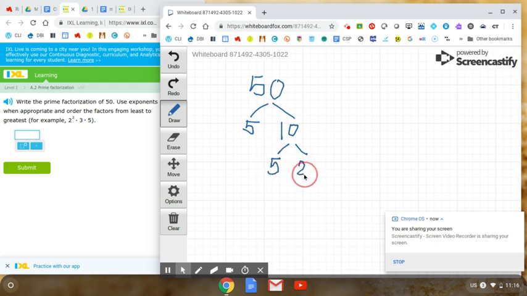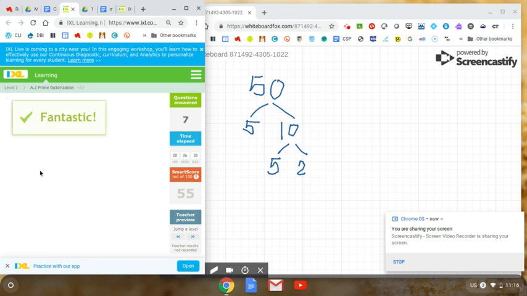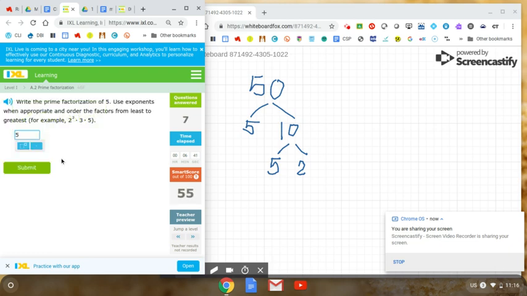So therefore we have 2 times 5 squared. So 2 times 5, we had 2 of them, right? So it's squared. Next one, 2 is a prime number, so just 2. Next one, 5 is a prime number, so just 5.